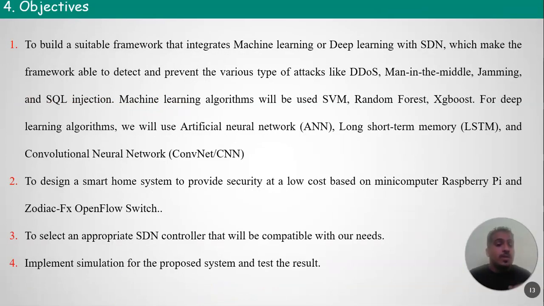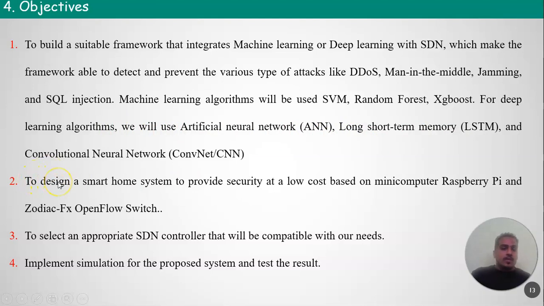The objective is to build a suitable framework that integrates machine learning and deep learning with the SDN, which makes the framework able to detect and prevent various types of attack like DDoS attack, man-in-the-middle attack, jamming, and SQL injection. Machine learning algorithms to be used: SVM, random forest, XGBoost. For deep learning, we will use artificial neural network, long short-term memory, and convolutional neural network.